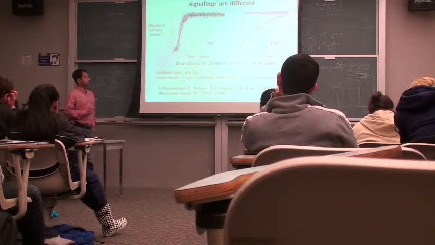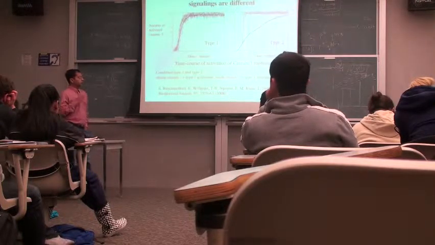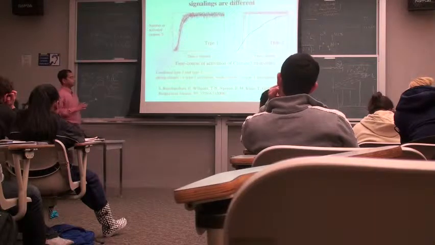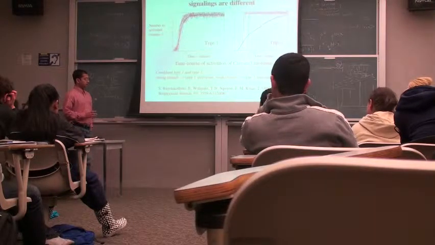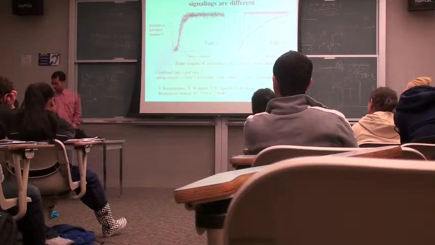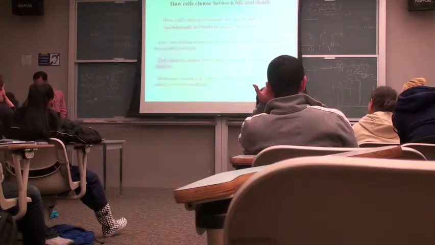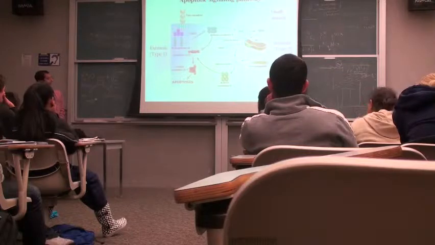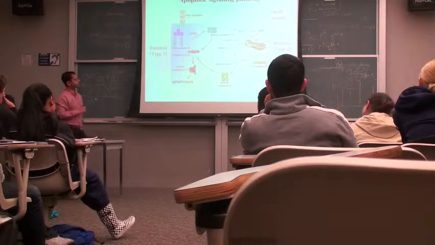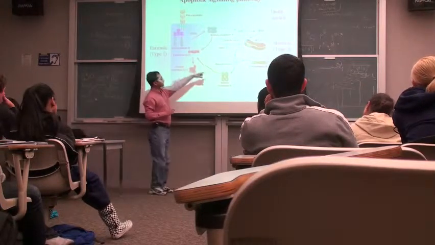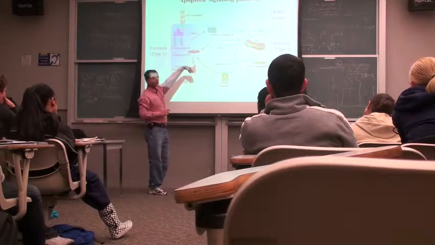And then a big challenge is to try to kill cancer cells using drugs. There are a lot of drugs on the market right now which target this type 2 pathway. So a lot of cancer drugs will try to kill the cell by activating the type 2 pathway.